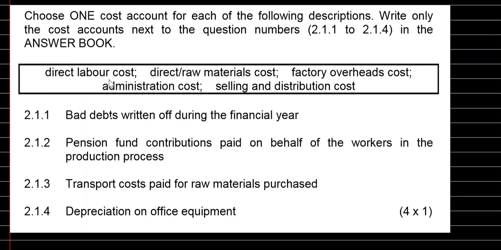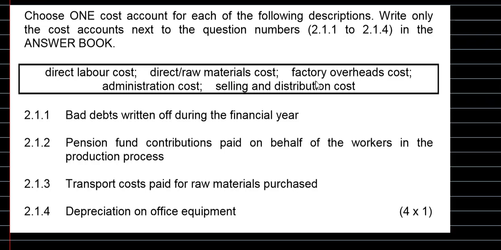So these are the laborers that are permanently employed, the workers that work in the production, and they are paid. So all that money is recorded under direct labor cost. Now direct raw material cost, all these costs are directly involved in the production of the product. So when the product is being produced, these costs are being recorded.